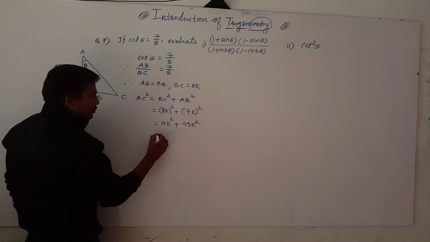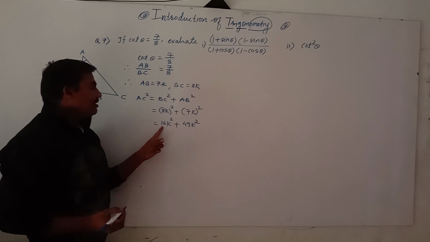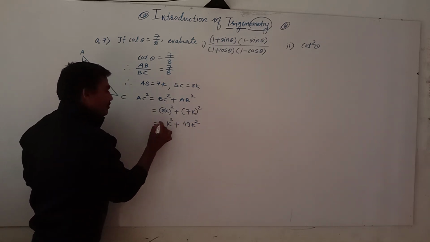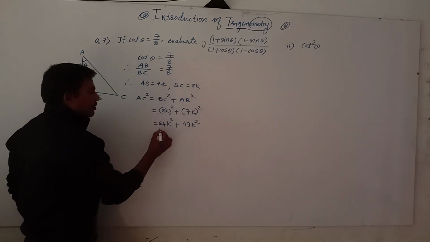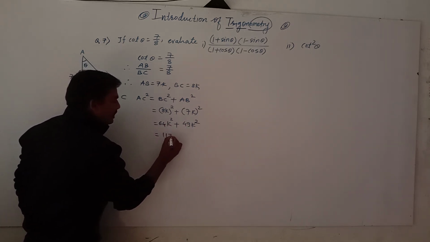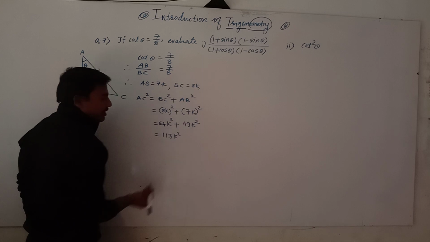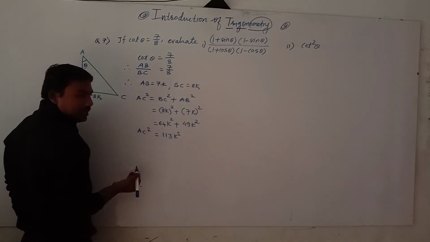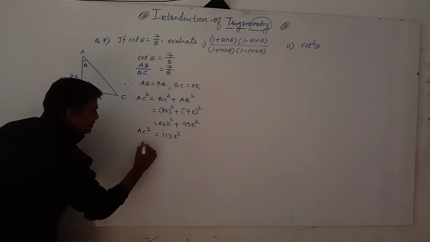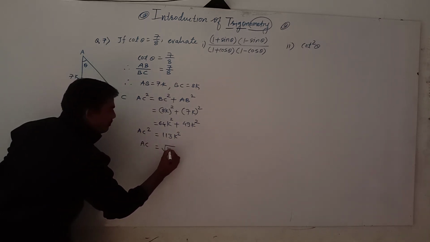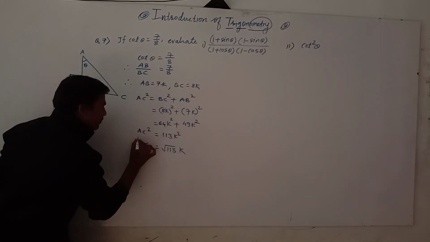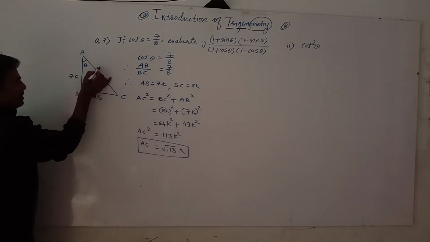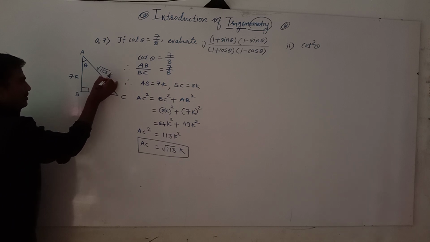So the addition is 113K square. But I want only AC, so AC is nothing but under root 113 K. So I got the hypotenuse as under root 113 K.